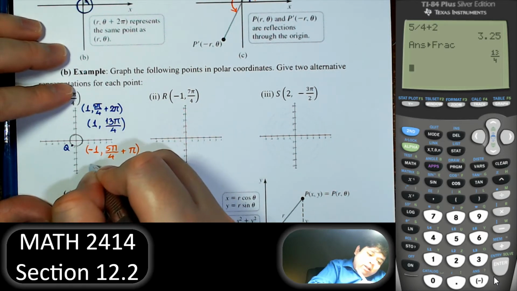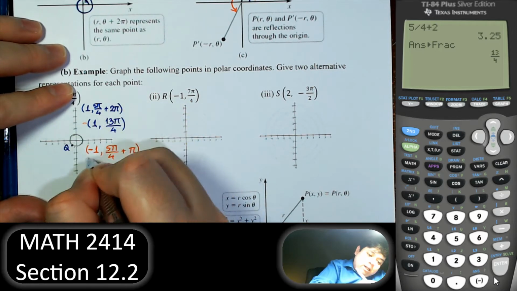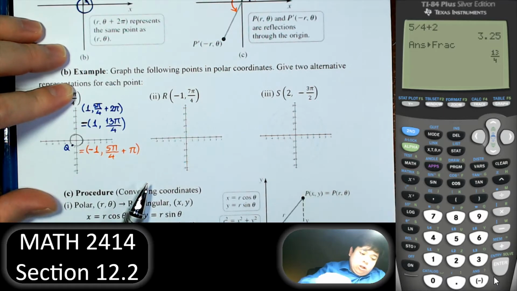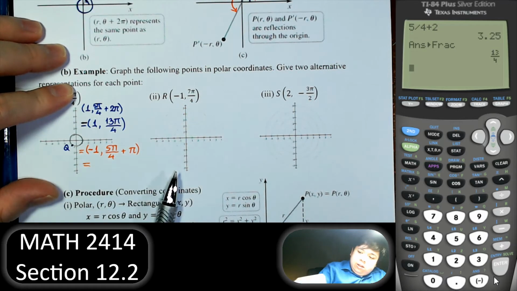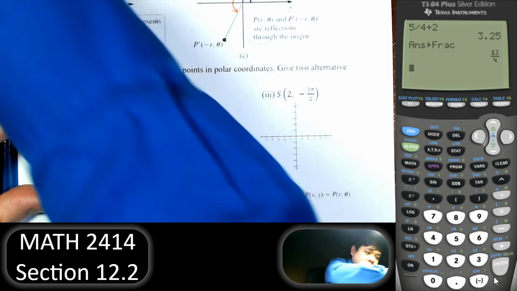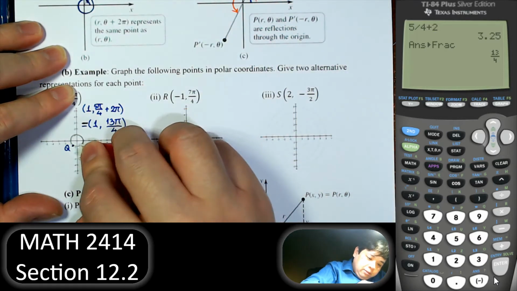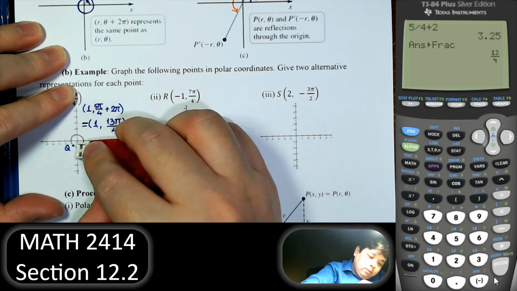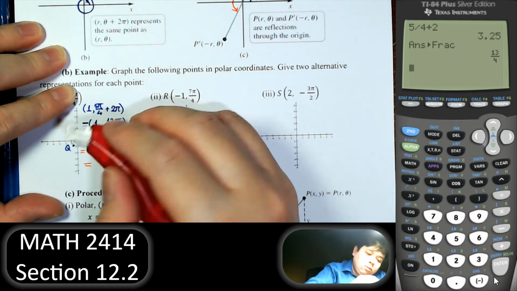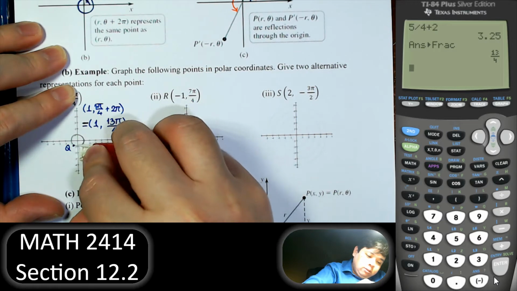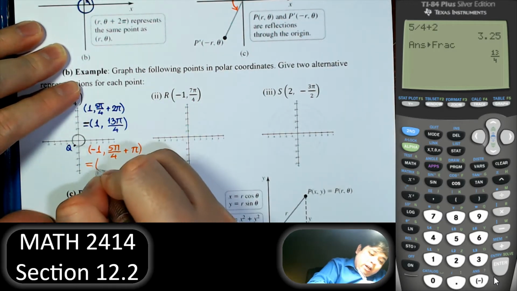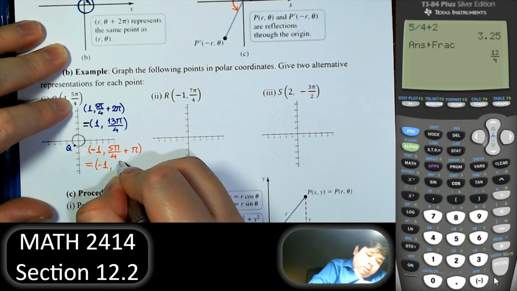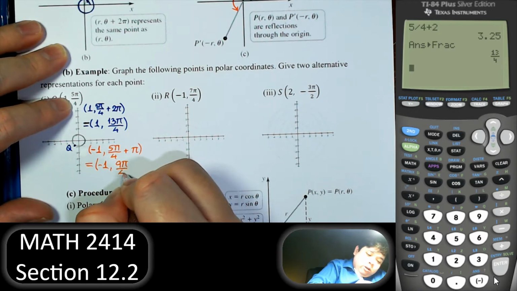So we'll have negative 1 and 5 pi over 4 plus pi, which is 9 pi over 4.